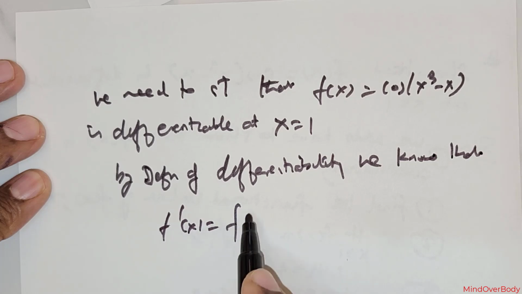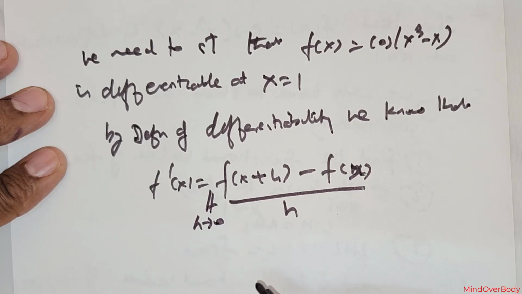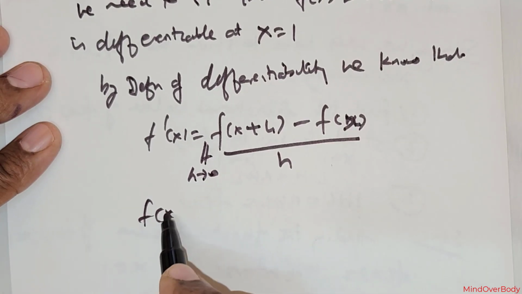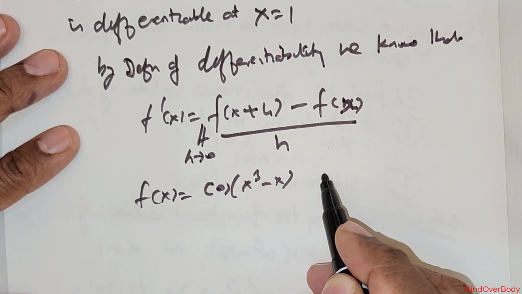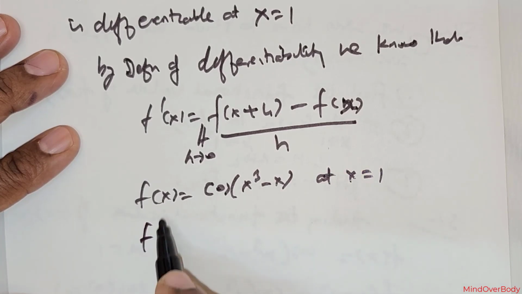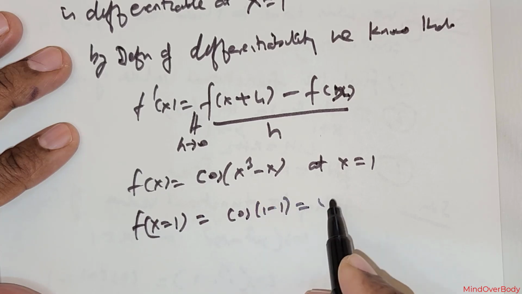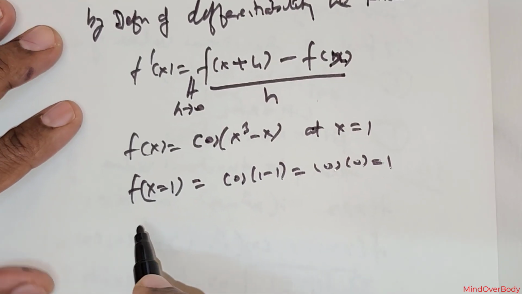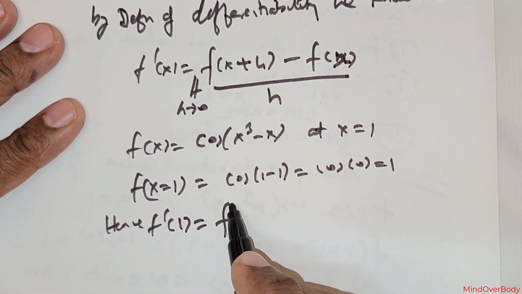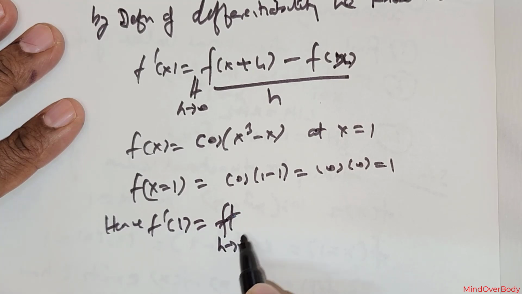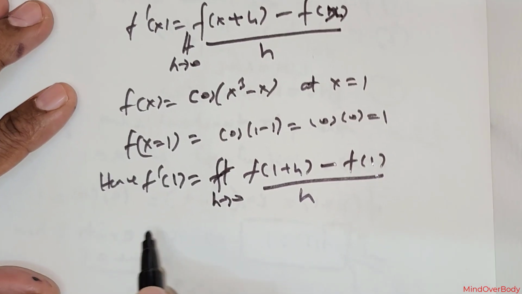f'(x) is given as the limit as h tends to 0 of [f(x + h) − f(x)]/h. But our f(x) is cos(x³ − x). So at x = 1, this is going to be cos(1 − 1), which is cos(0), which is equal to 1. So hence f'(1) is equal to, of course let me state the limit as h tends to 0 of [f(1 + h) − f(1)]/h.